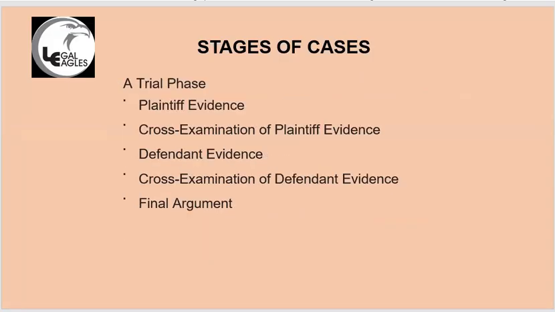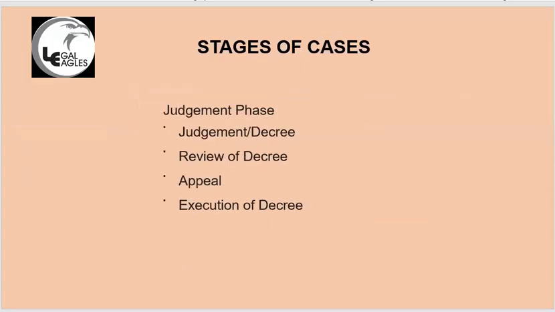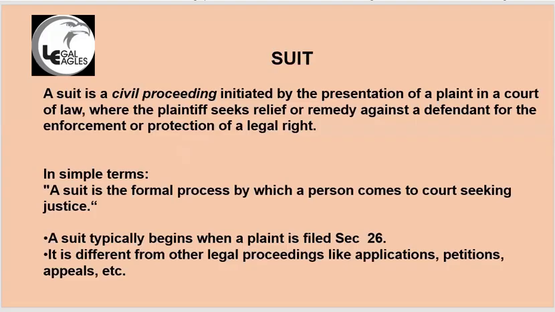Then the next stage is the trial phase, where the trial starts: plaintiff evidence, cross-examination, defendant evidence, cross-examination of the defendant, and final arguments. Then the final stage is the judgment phase, where the judge will issue the judgment. Then you can seek review of the decree, you can go for appeal, and there is an execution petition for the decree, to execute that award.